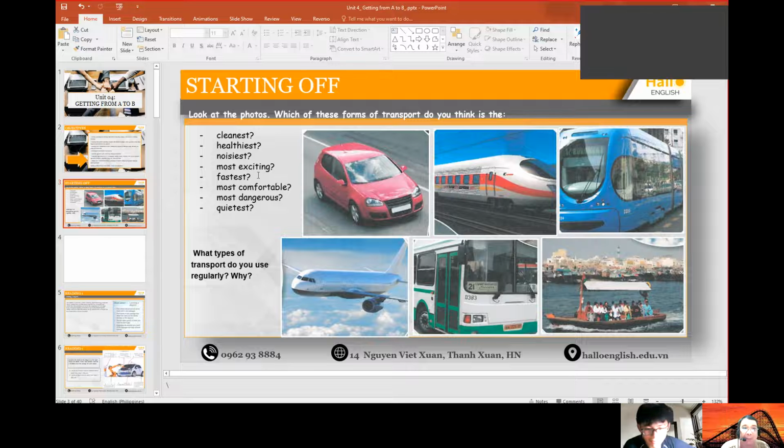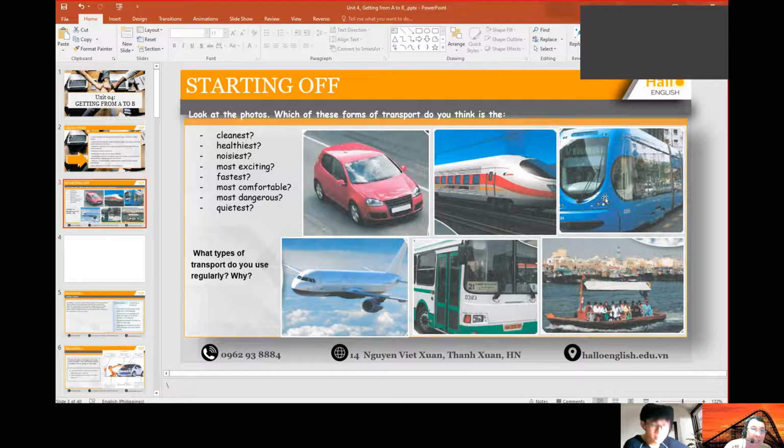What about the most exciting means of transportation? Still the airplane. Why? Because through the window we can look at everything below. Yes, because you are able to see the world. If you ride in an airplane, you can see what's in the world.